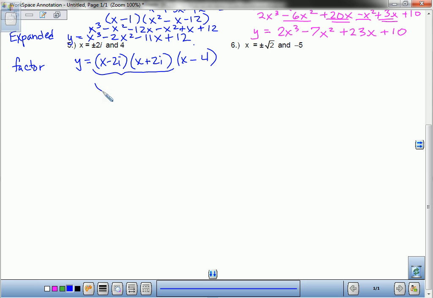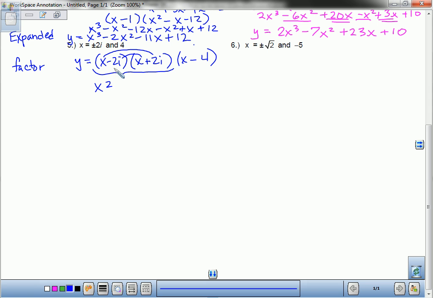X times x, x squared. Now let's look at this. This becomes a positive 2ix, but this is a negative 2ix. What happens with the positive and the negative? They cancel. So whenever we have opposites, that's going to happen.